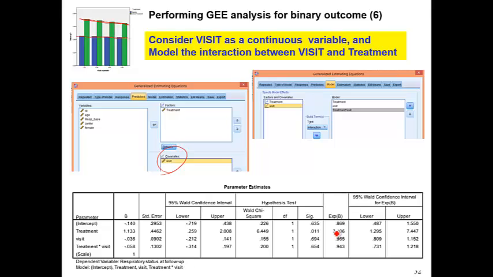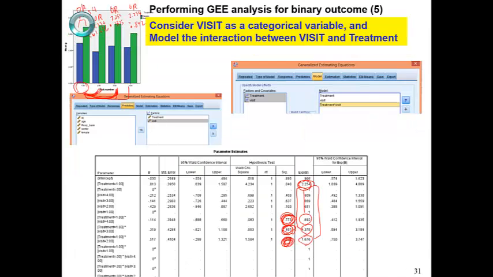The odds ratio of a treatment, so this one, means the odds ratio of treatment where visit is 0. So in this case there is no visit, which is 0. So here this odds ratio is actually larger than the odds ratio in here.